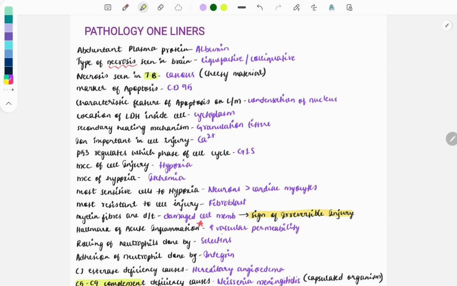Okay, and they'll ask you which type of necrosis can be seen in the patient. So you need to make the diagnosis as TB and select the answer as the caseous necrosis. So this was just an example of how the clinical questions can be asked. So by looking at these points, you will be able to solve clinical based questions also.